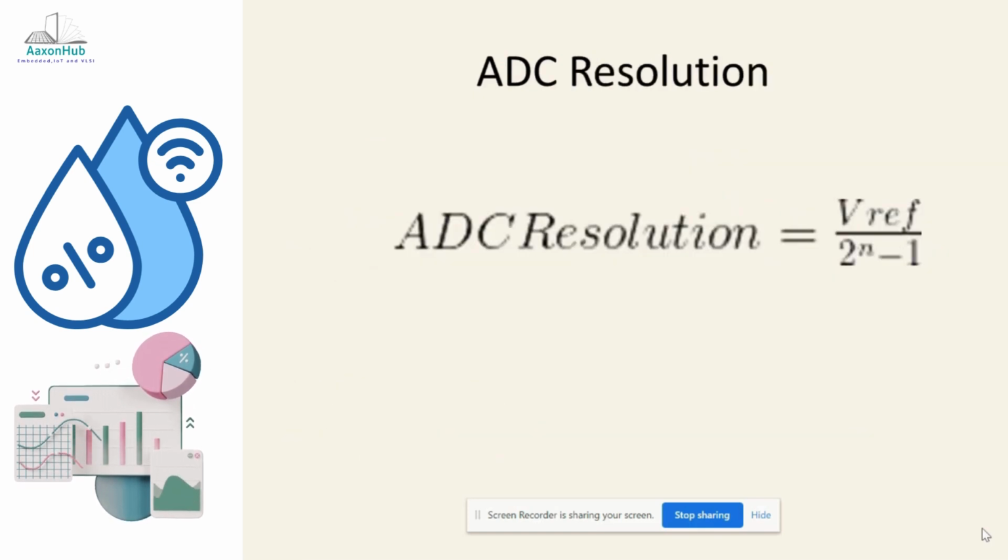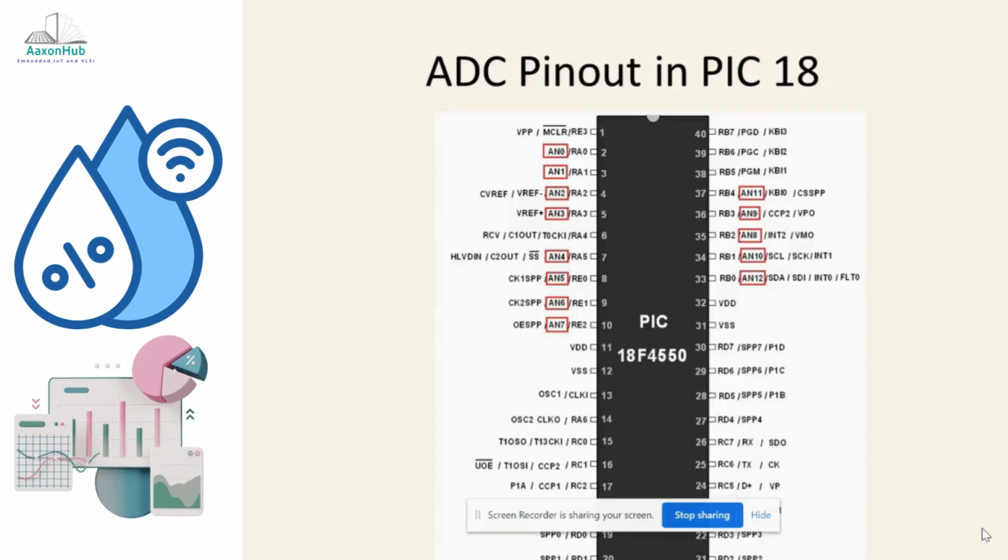Whenever you want to calculate the resolution for the ADC, the basic formula is: ADC resolution equals V reference divided by 2 to the power n minus 1. Here n is nothing but the number of bits for the conversion. In this particular ADC, n is equal to 10 bits. That way, you can calculate the resolution for the ADC.